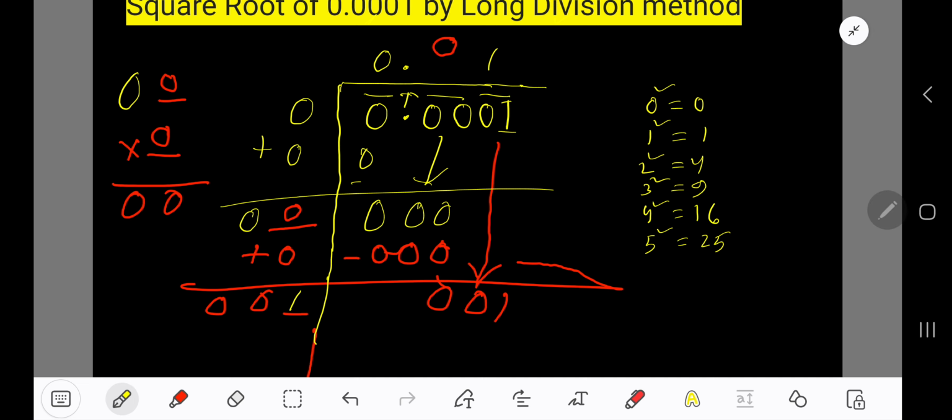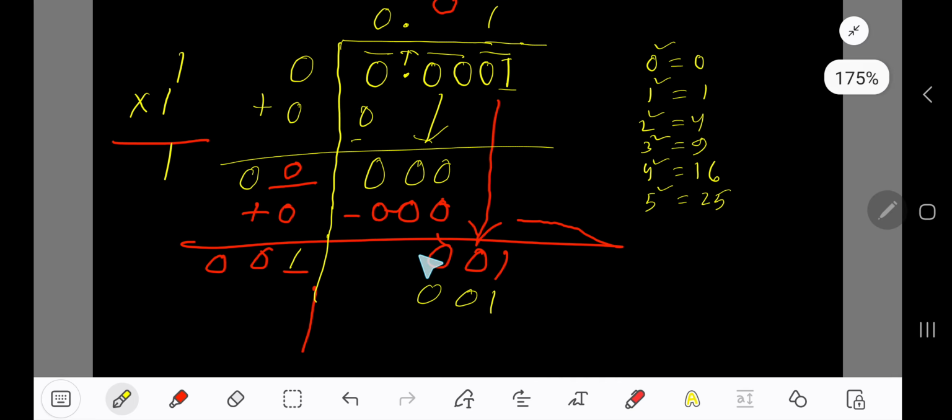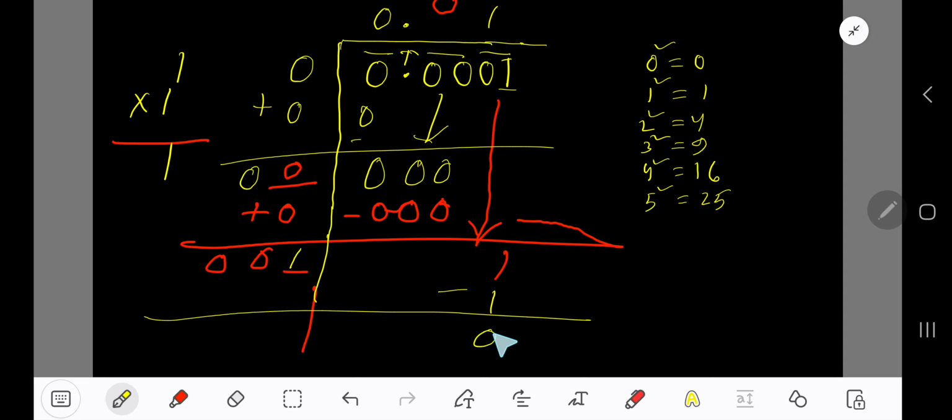Look, 001 means 1, and this 1 1. So 1 times 1 is 1. You can put 0 to make it fit, or you can delete like this. Subtract, 0. As our remainder is 0, we are done.